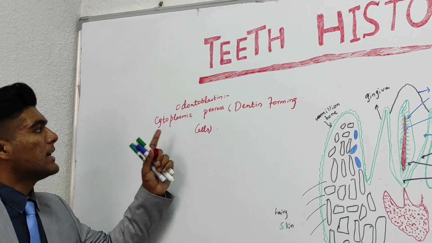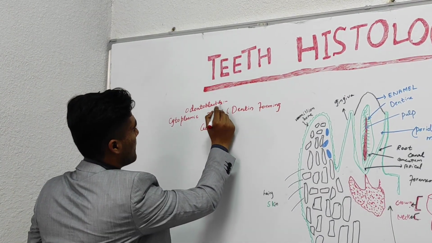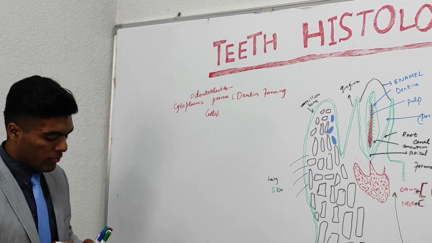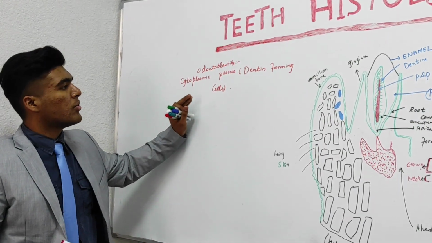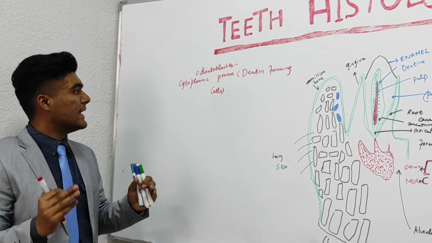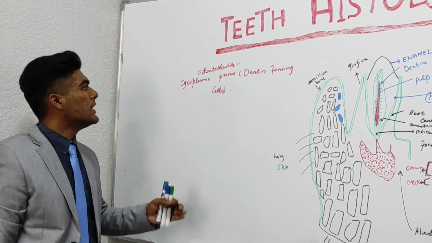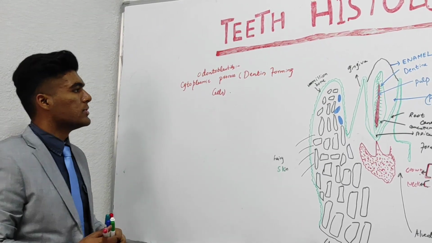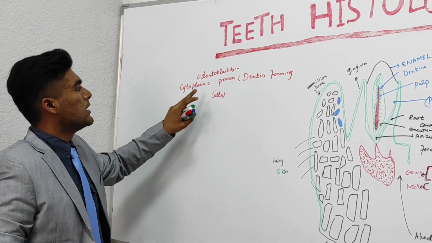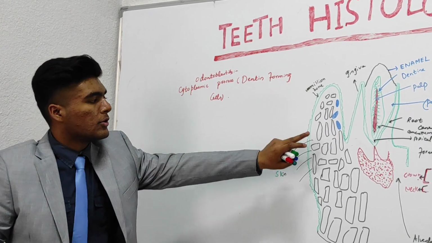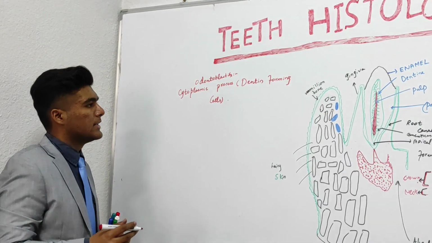Odontoblasts have their main role in formation of dentine, because formation of dentine reduces as our age increases. So this particular part of our teeth has its role in formation of dentine.